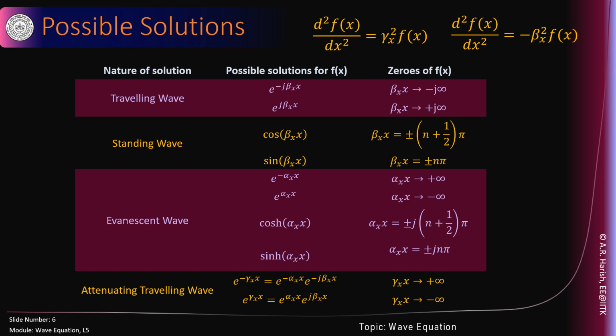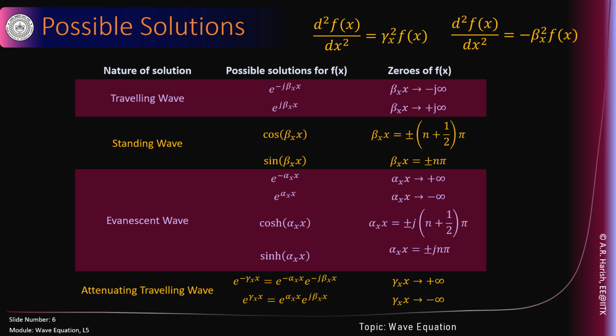Suppose we have a situation where gamma x is equal to j beta x. In that case, the solutions e to the power of minus j beta x x or e to the power of j beta x x will satisfy this differential equation. These are known as traveling waves. Now, if you look at the amplitude of this, it will not change.